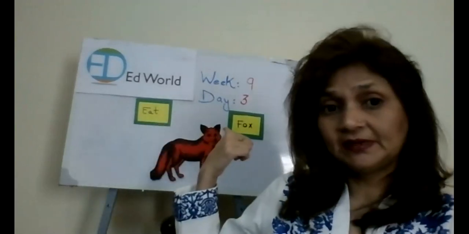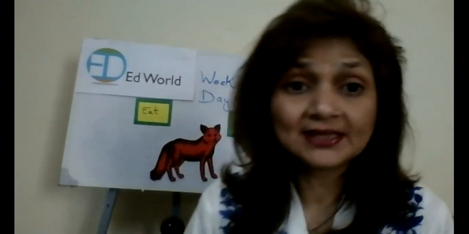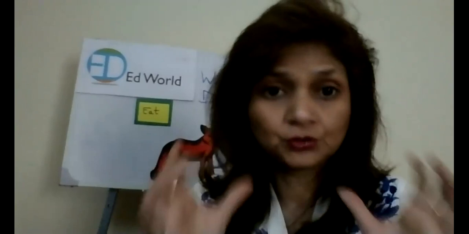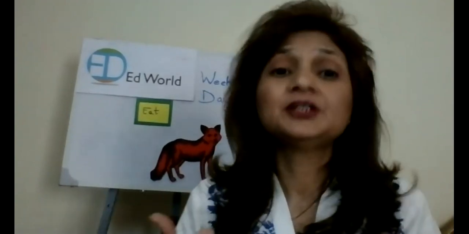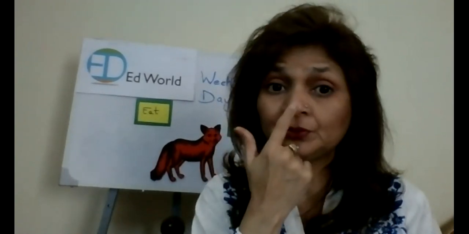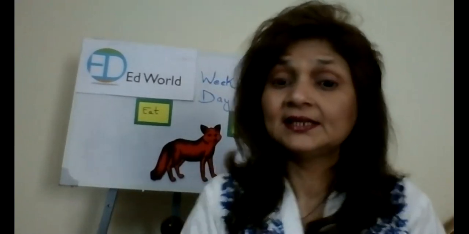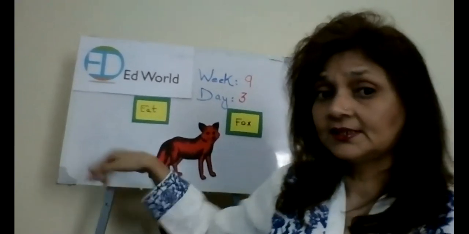Like you can see in my picture also how it looks. In the looks of foxes, what we discussed: how are the ears of foxes? The ears are the shape of a triangle. And what about the nose? It has a pointy nose. Very good. And it has a tail.